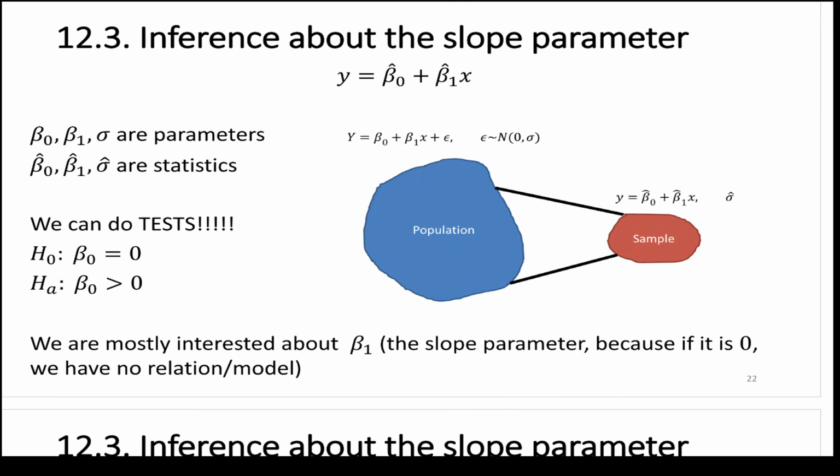So we want to say, okay, is it likely that beta 0 or beta 1 has any particular value? Well, we have some data. We calculate our estimate, compare it to what it would be if it were the proposed value in the hypothesis, and get a p-value and fail to reject or reject the null. So we're going to do some hypothesis testing starting next time. But we'll stop here for today.